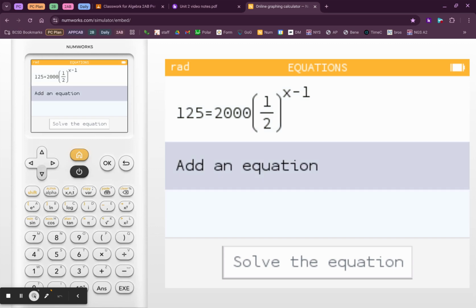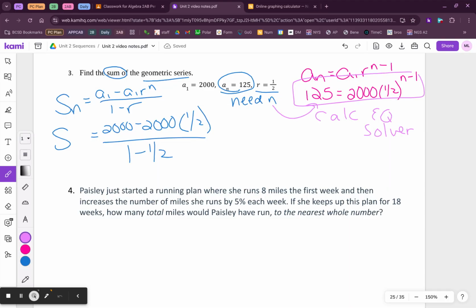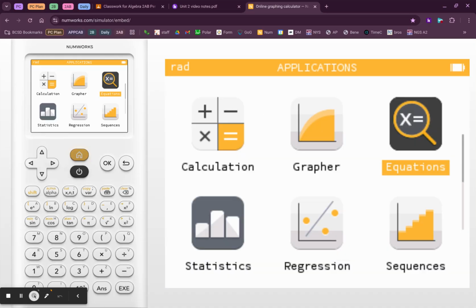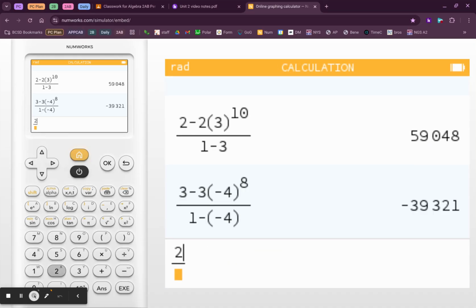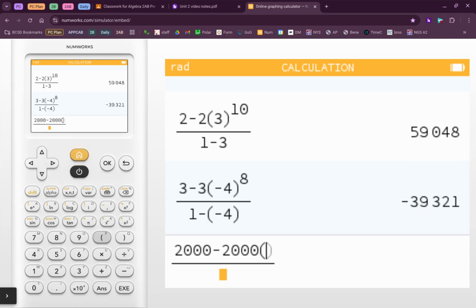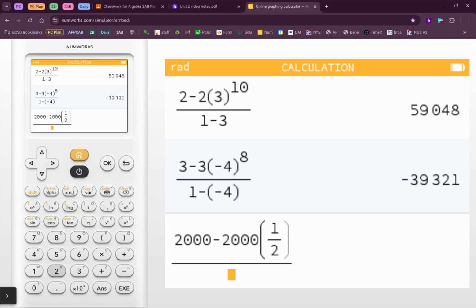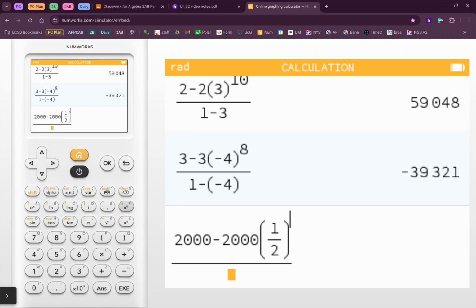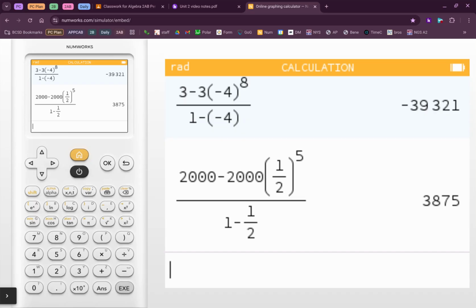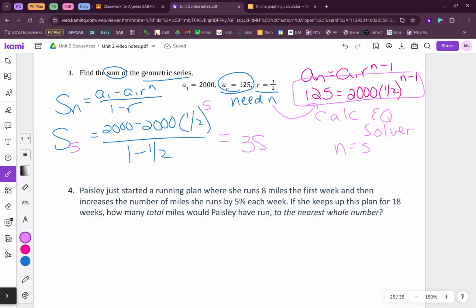All right, so that's the equation we have there. If we let it solve it, it'll tell us it's 5. So n is 5, so that means over here, 5 is that exponent, and now we can calculate this quantity. You just got to be really careful as you're putting it all in to the calculator, especially when you start throwing fractions in there. All right, and I got 3,875.